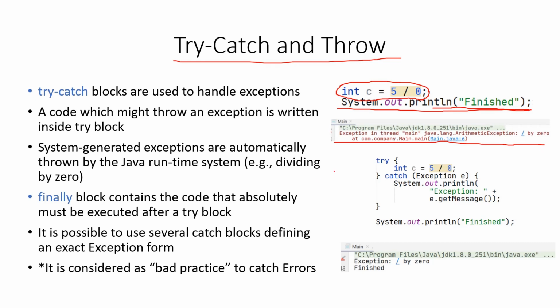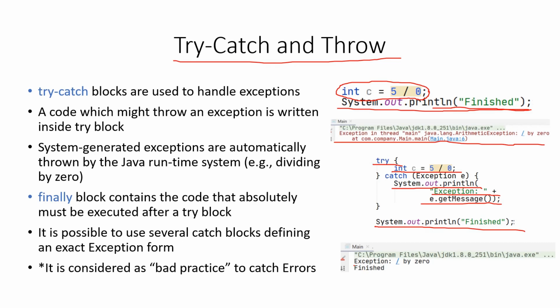But we can introduce try and catch. Here we use try, and inside of try we write some statement. If this statement raises some error or exception, we print this message, and in the end we just print the same message finished. As you can see, even though this statement is incorrect, our program is able to continue running our code.